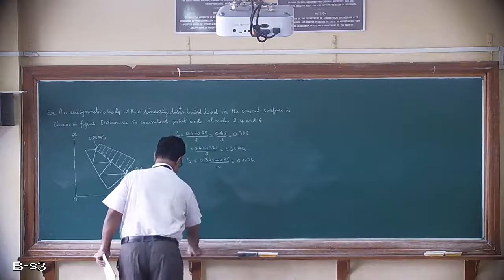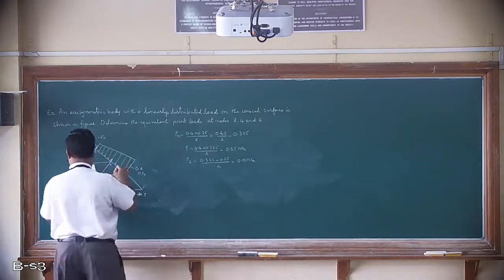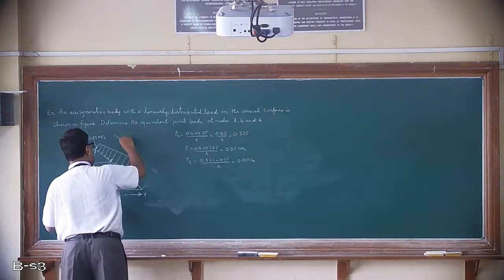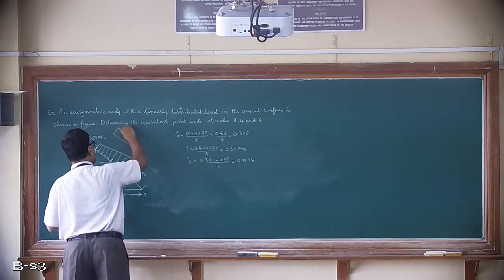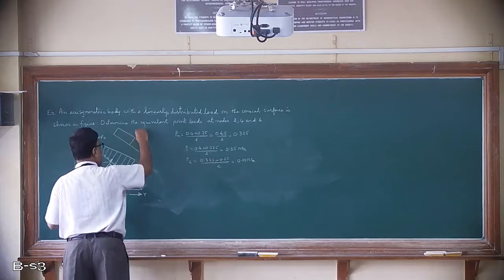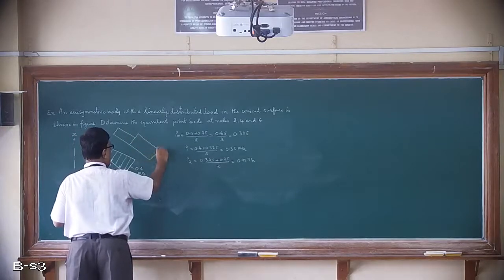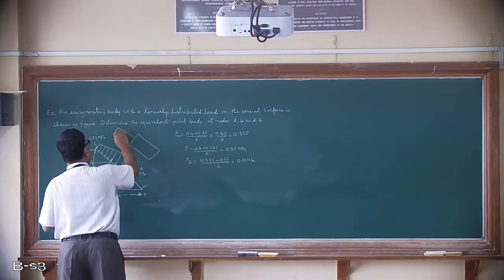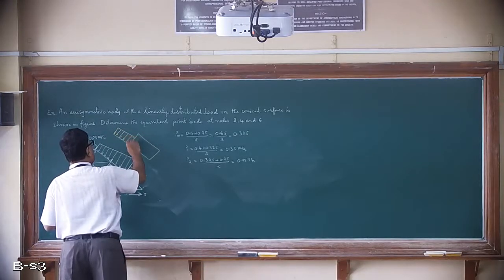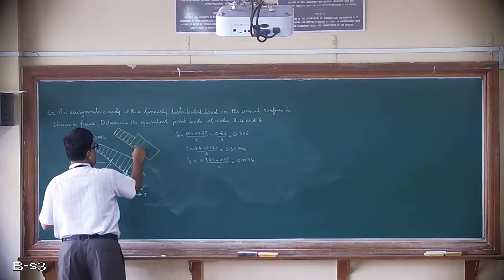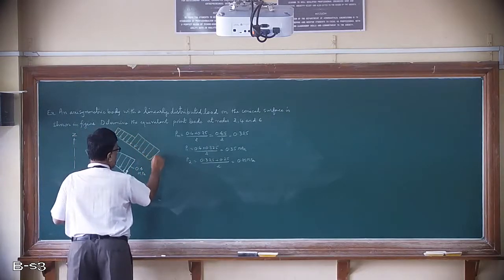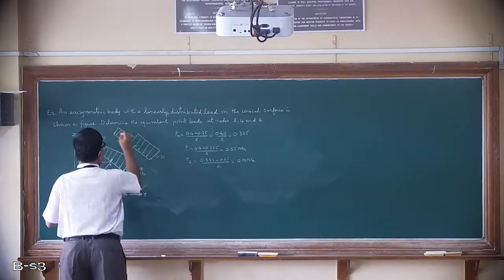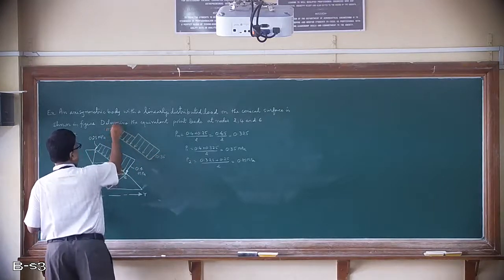So what I did is, I have converted this particular load into two uniformly distributed loads like this. Up till here it is one load and another load is up till here. These are now the two averaged loads. We are making an approximation, that is, we are converting that into this. This is going to be 0.35 and this is going to be 0.25. Okay.